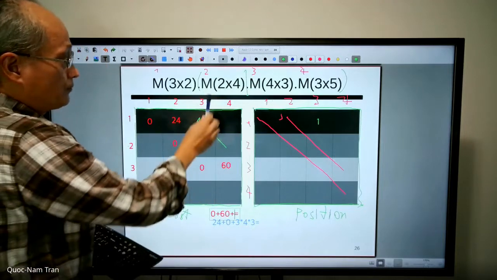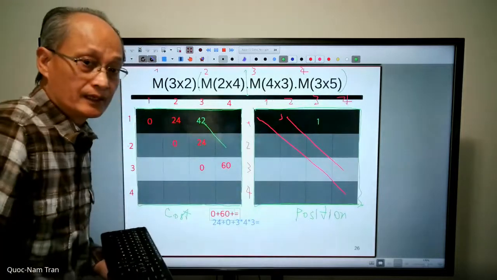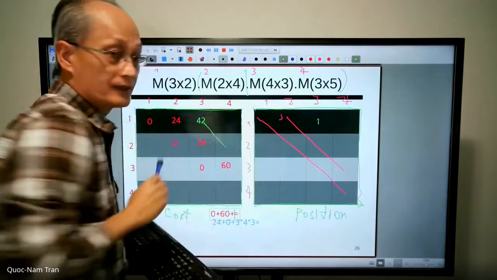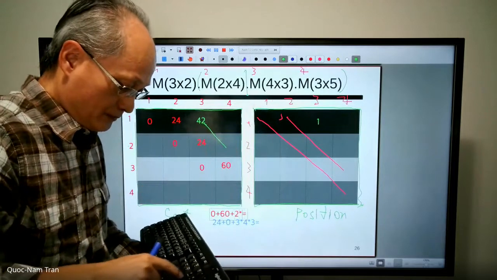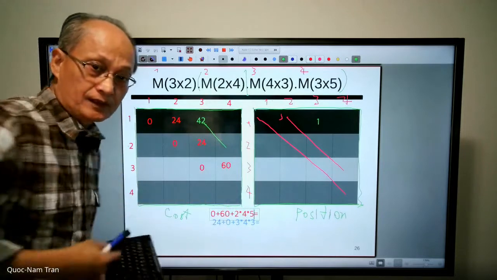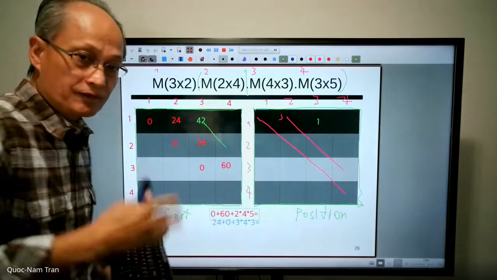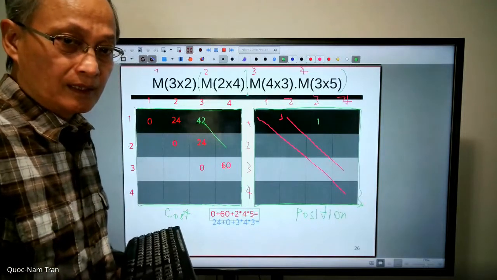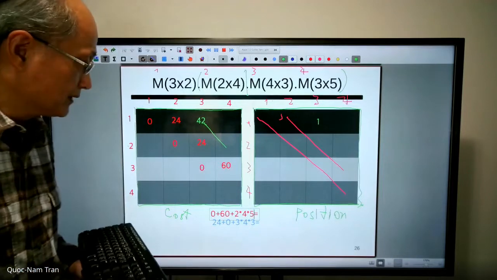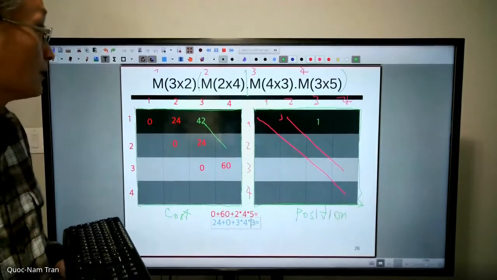And the cost for multiplying this one and the result here together will be 2 times 4 times 5. I will leave it here first because I want to see what number I have for the second option. The bigger one, we don't need to multiply.